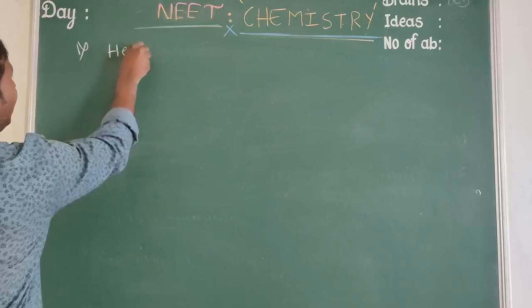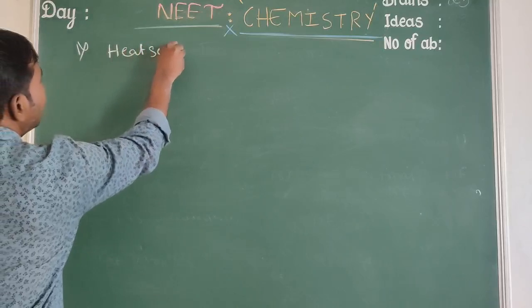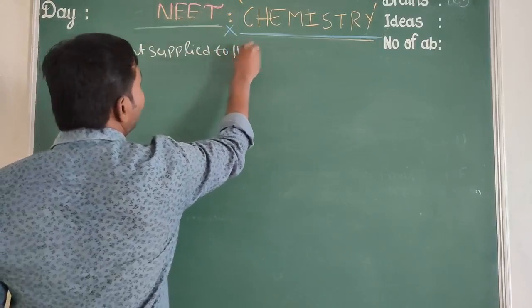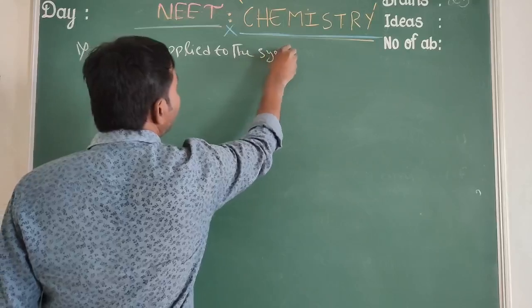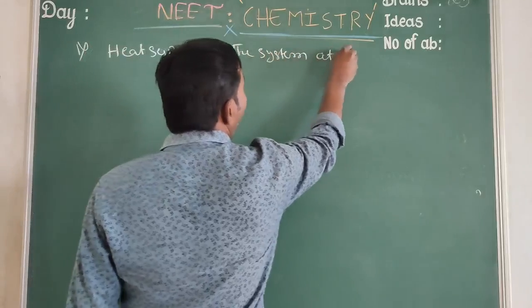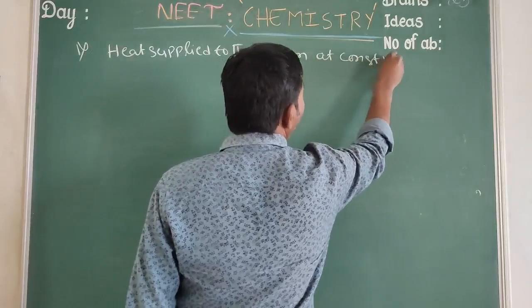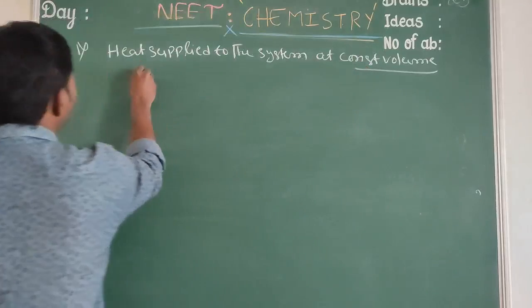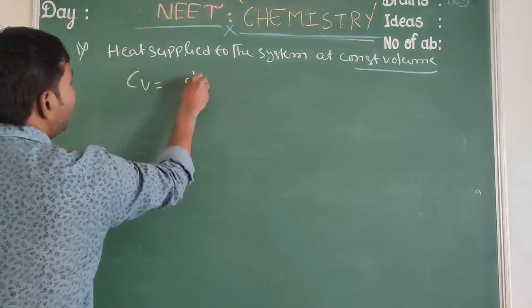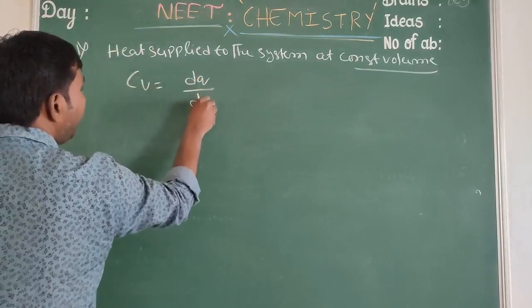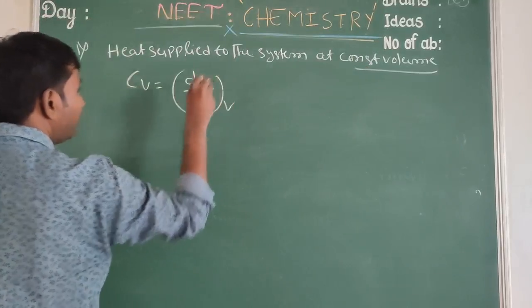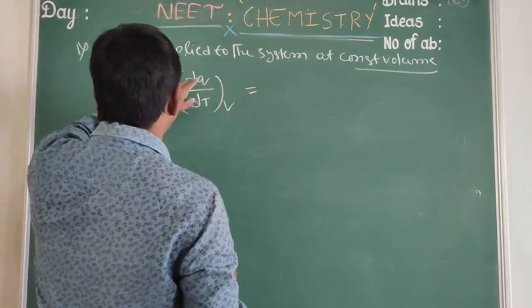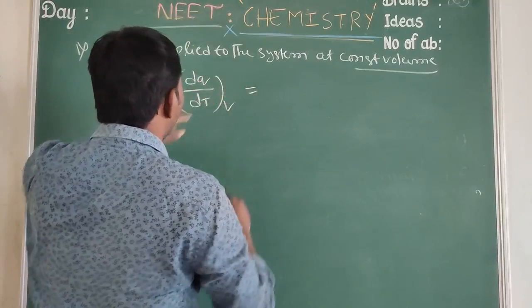Heat supplied to the system at constant volume: Cv equals dq by dt at constant volume V, which is the heat energy change at constant volume.